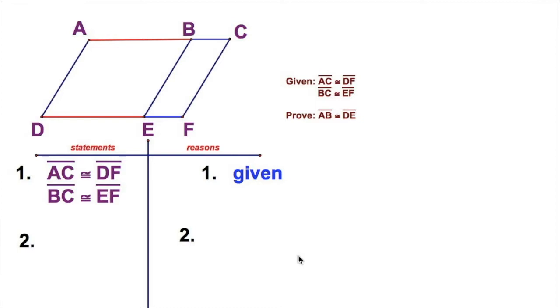Okay. Well, I've got this diagram here, and I've got a little color coding so I can talk about it. Got the red segments, the blue segments, but look at the given. AC is congruent to DF. Now, when you mark that, I teach my guys, use a little dimension line like that, because you're trying to say that this whole segment is congruent to this whole segment.